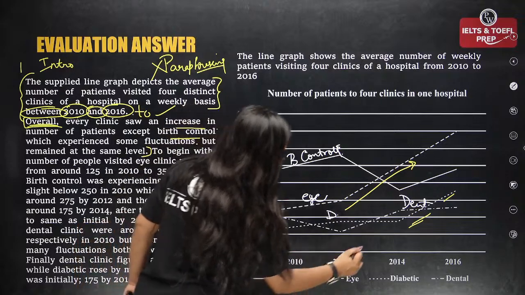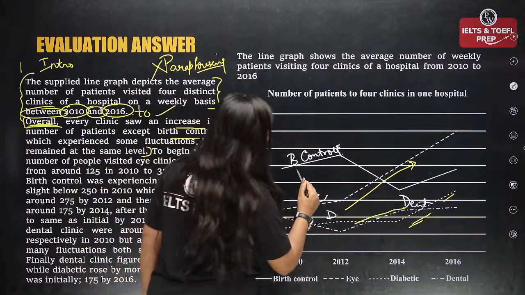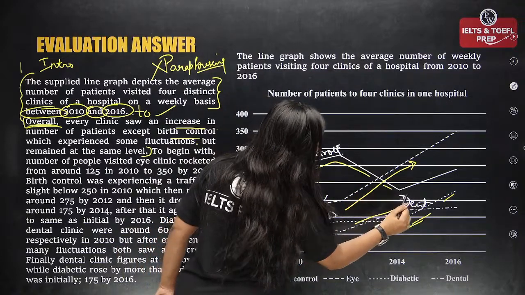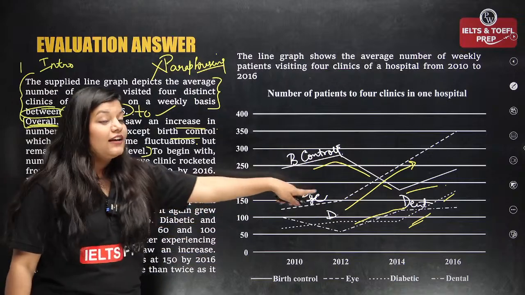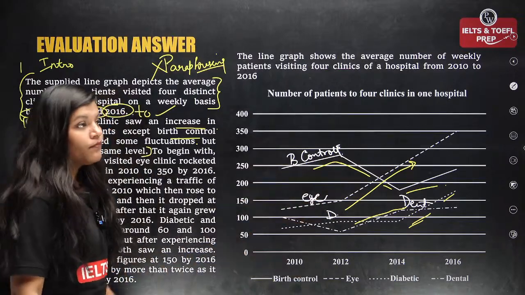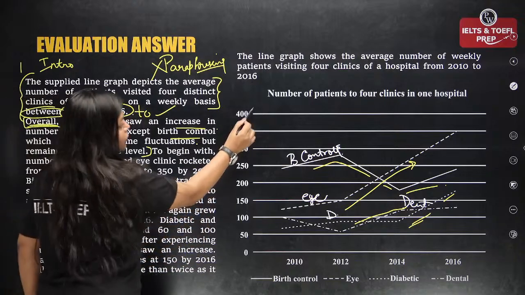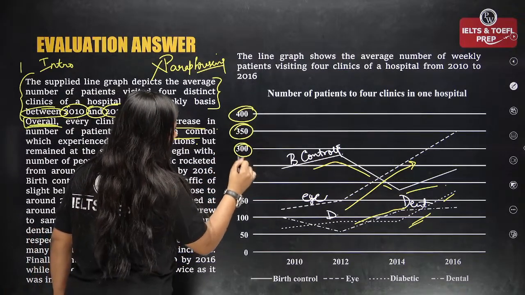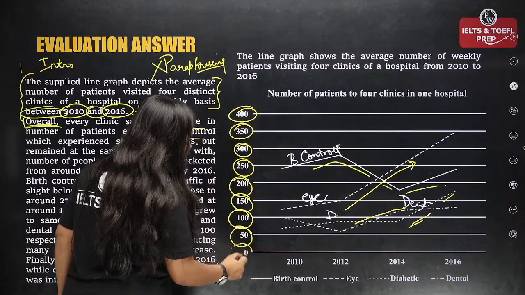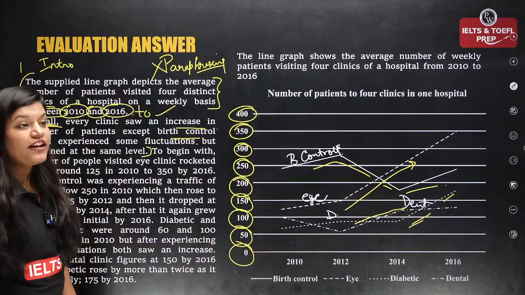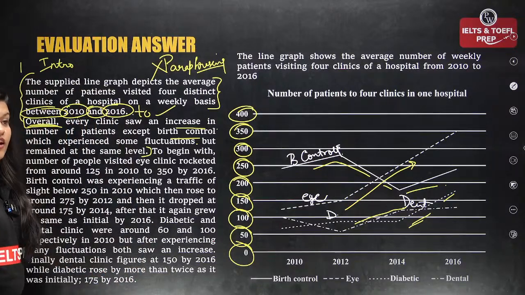And dental has also shown an increase over here. Fine, fair enough. Only birth control is something that is falling. That is showing a very long fluctuation and also it has not increased but decreased. Okay. So make sure you take special care of the diagram properly. And if your trend or line or bar graph is not ranging at these pointers, make sure you use approximators. Okay? Be very particular of that.